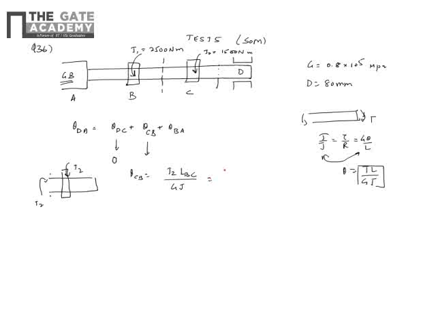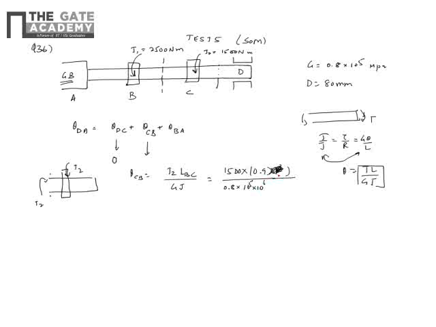T2 is 1500, the length of BC is 0.9 meters. You can convert into mm, 0.9 into 10 power 3, or if you are convenient in meters, let it be in meters. G is 0.8 into 10 power 5 MPa, that is 10 power 6 in Pa.